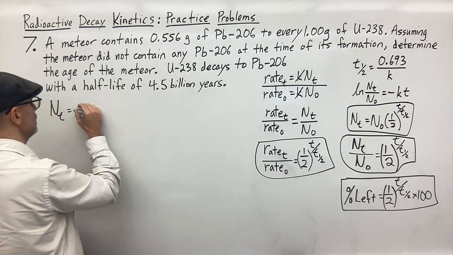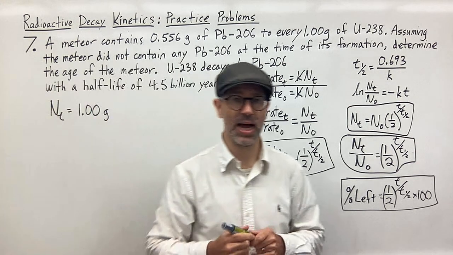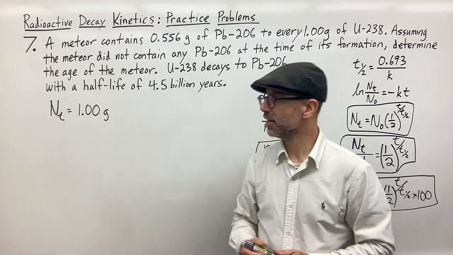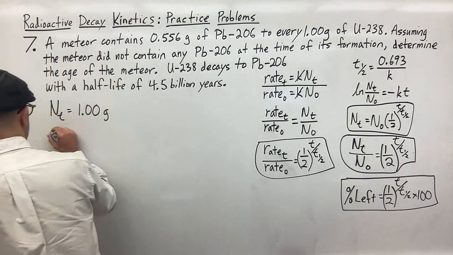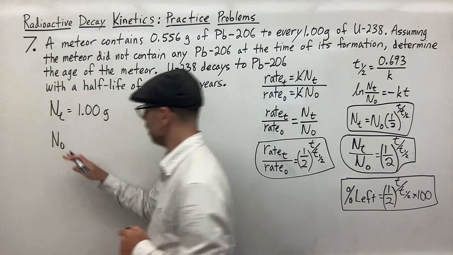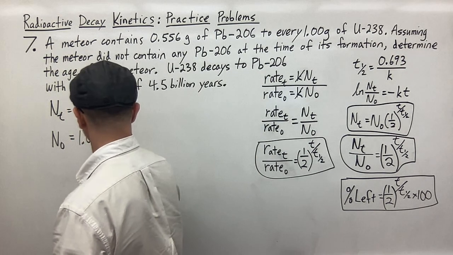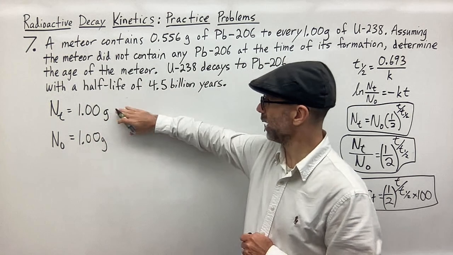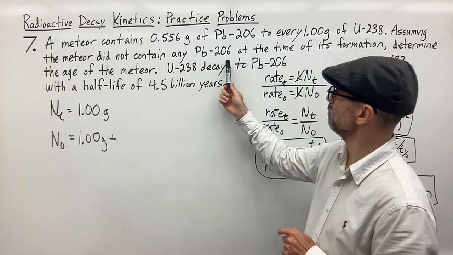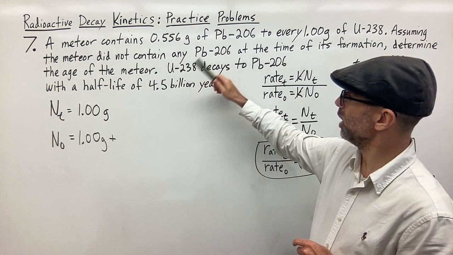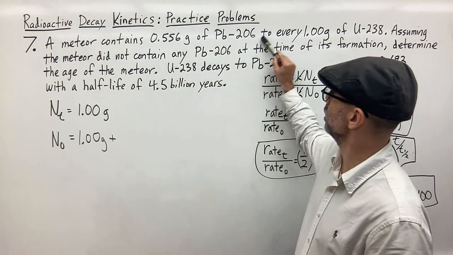Okay, so right now, our amount at time t of the uranium 238 is 1.00 grams. That's the amount that we have at time t right now, whatever the age of the meteor is. Now, the initial amount is going to be equal to 1.00 grams of the uranium that we have now, plus the amount of uranium 238 that was used to produce this amount of lead 206.